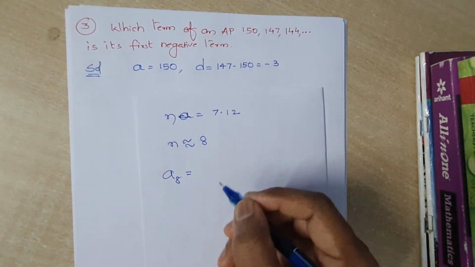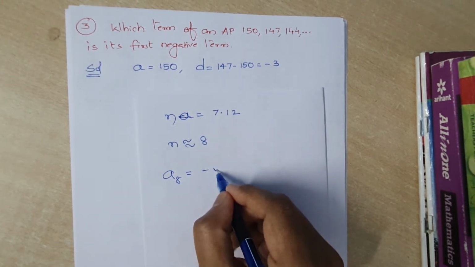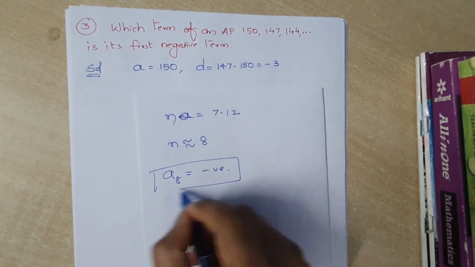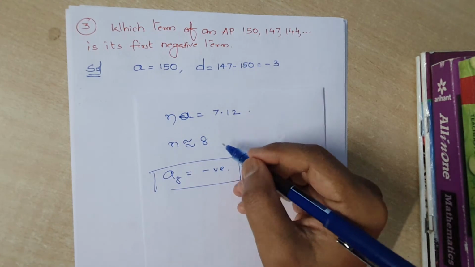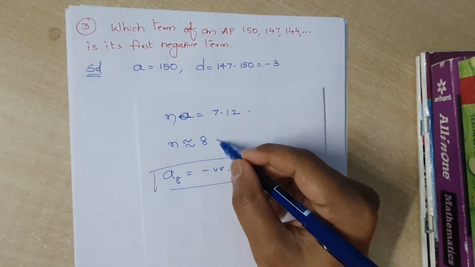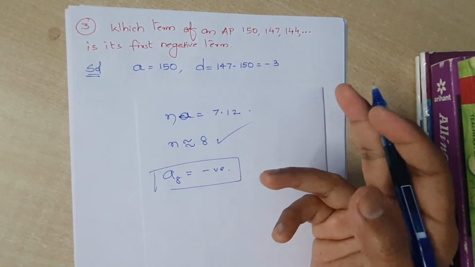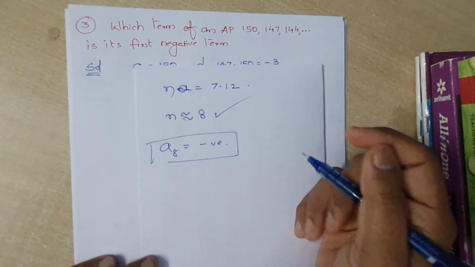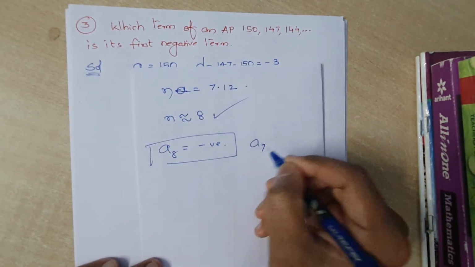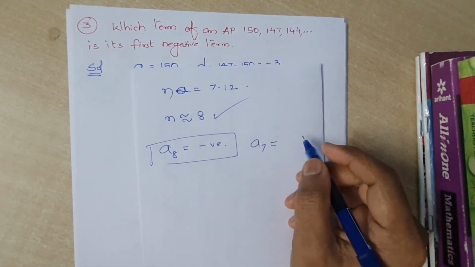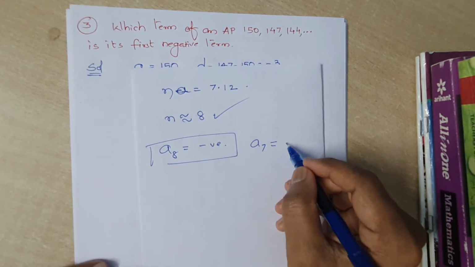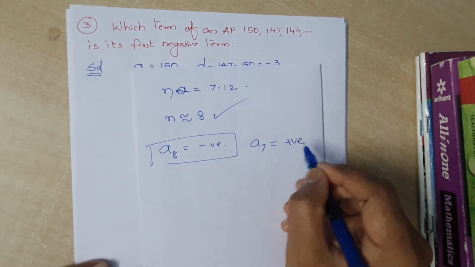A8ൻ്റെ വാല്യൂ ചെക്ക് ചെയ്ത് നോക്കണം. A8ൻ്റെ വാല്യൂ ചെക്ക് ചെയ്യുമ്പോൾ നമുക്ക് നെഗറ്റീവ് കിട്ടുവാണെങ്കിൽ ദിസ് ഇസ് ദി ആൻസർ. സോ 8th ടേം ഈസ് നെഗറ്റീവ്. വേണമെങ്കിൽ നമുക്ക് A7 ചെക്ക് ചെയ്ത് നോക്കാം. സോ എനിവേ A7 വിൽ ബി നാച്ചുറലി എ പോസിറ്റീവ് നമ്പർ.